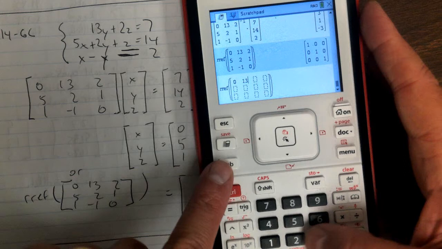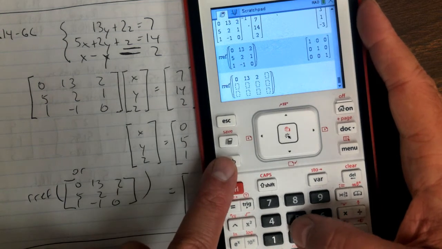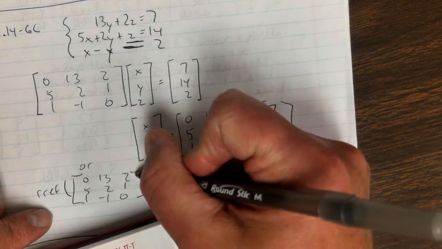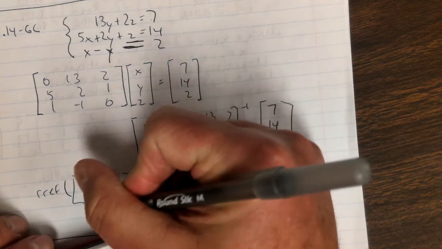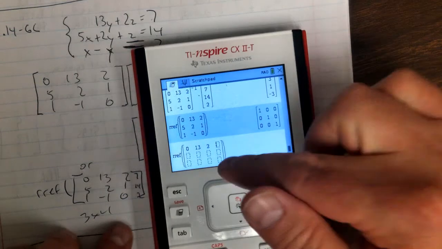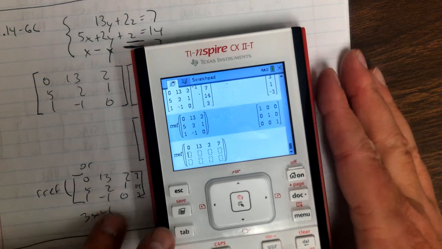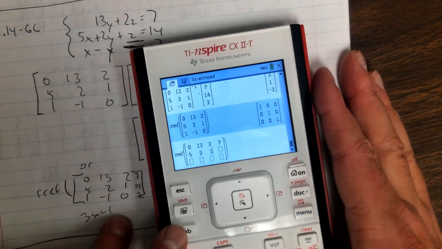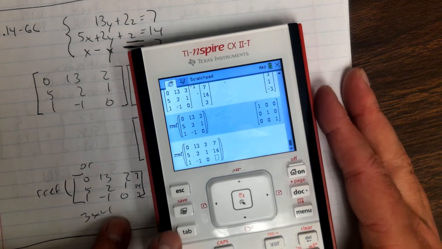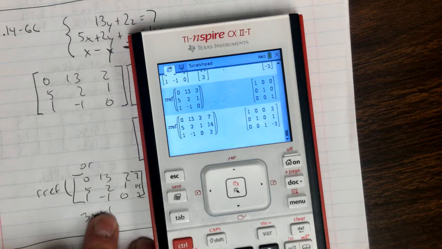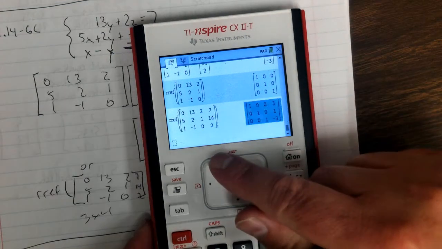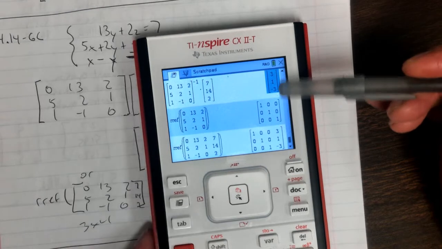0, 13, 2. Okay, let me put in the other number, 7, 14, 2. So this is a 3 by 4. Okay, so 7 there, then 5, 2, 1, 14, 1, -1, 0, 2. Okay, so when I did that, you can see on the far right I get 3, 1, -3, just like I got 3, 1, -3 here.